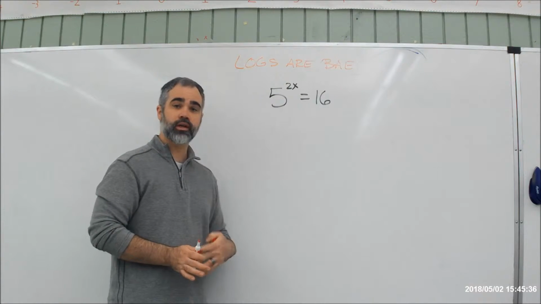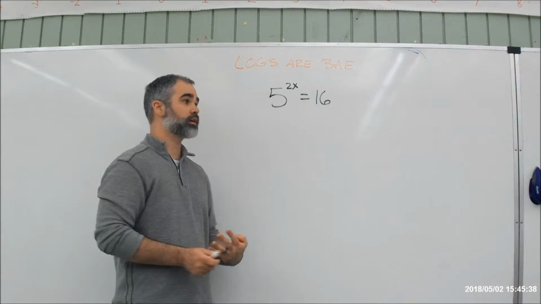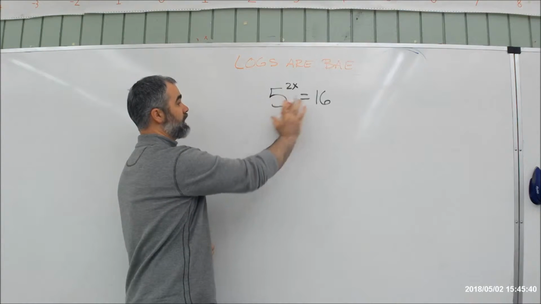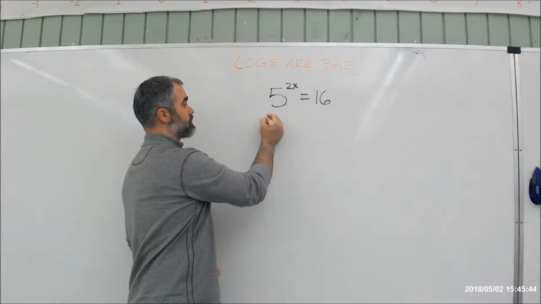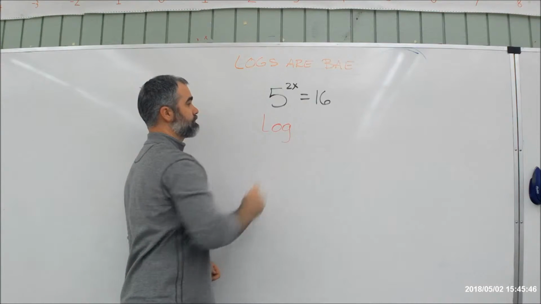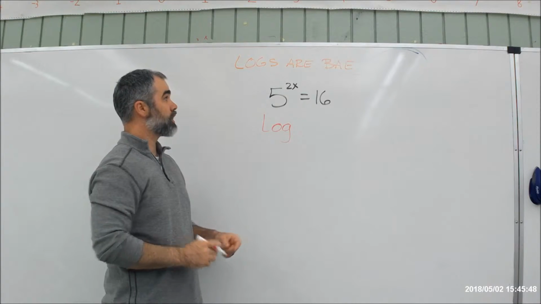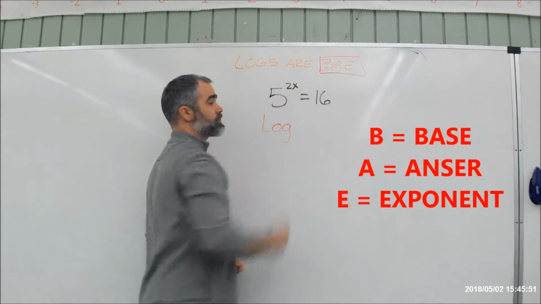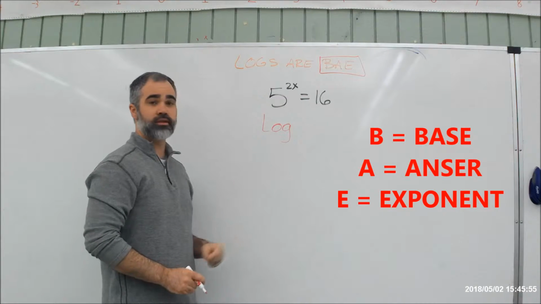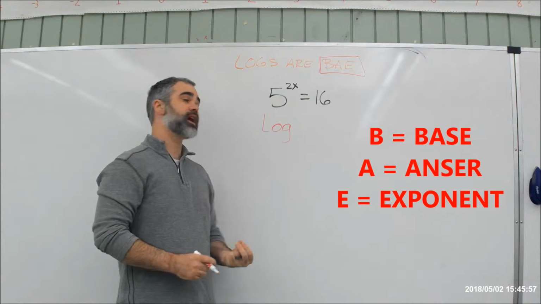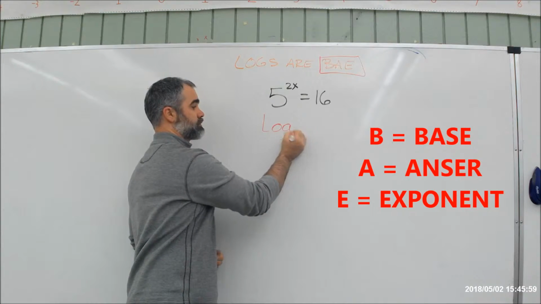So what we're going to do here is rewrite this as a log. We've got 5 to the 2x equals 16. I'm going to put the word log here. Now logs are bay, so the first thing is base. What's the base of this equation? It's a 5, so we're going to put a 5 here.